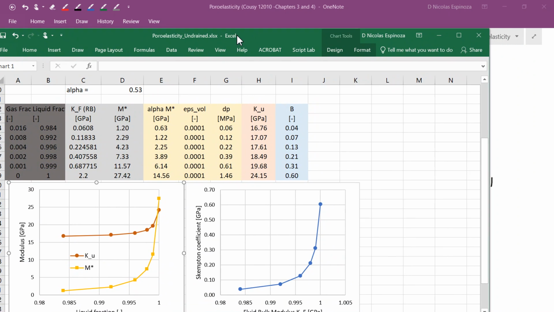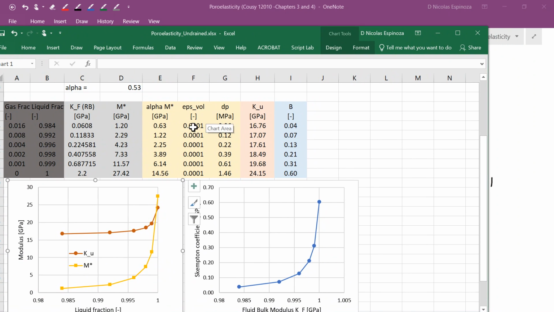And I want to go further and assume that I had a volumetric strain of 1/10,000, or I could say also 0.1 thousandths of a strain.